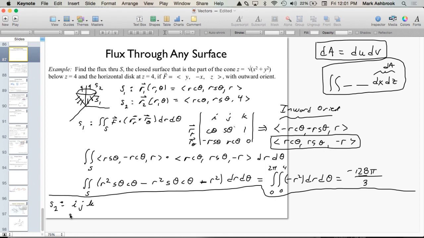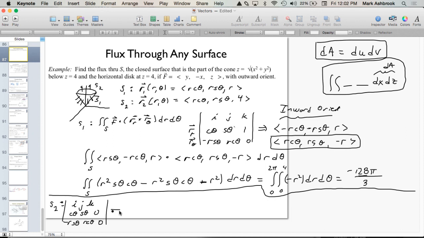So we'll do the same thing: cosine theta, sine theta, 0 now? Is that right? And negative r sine theta, r cosine theta, 0 again. Is that right? So now all we get is a k component.